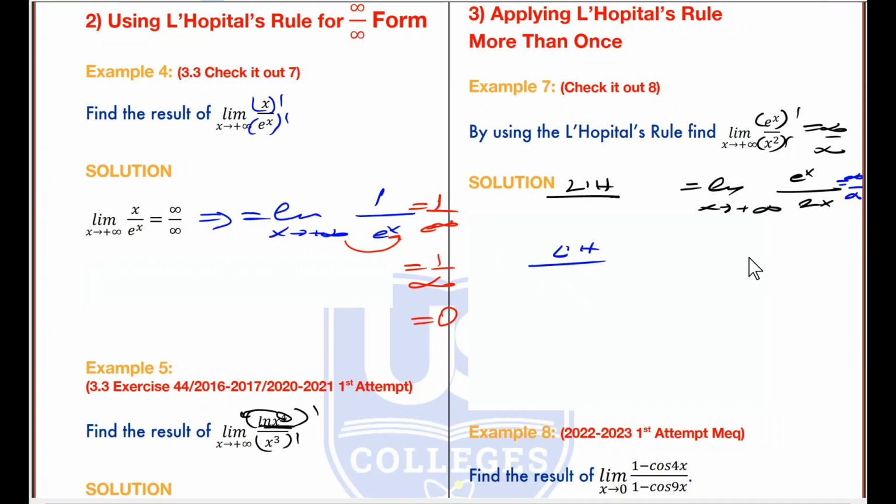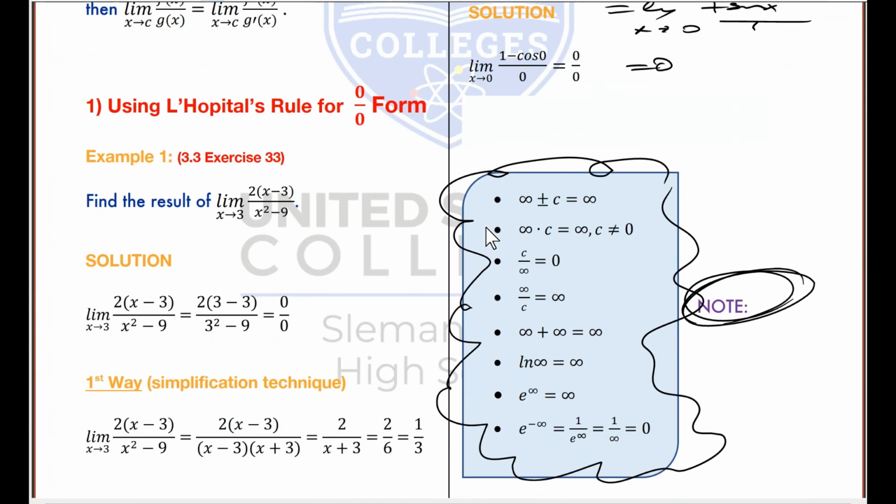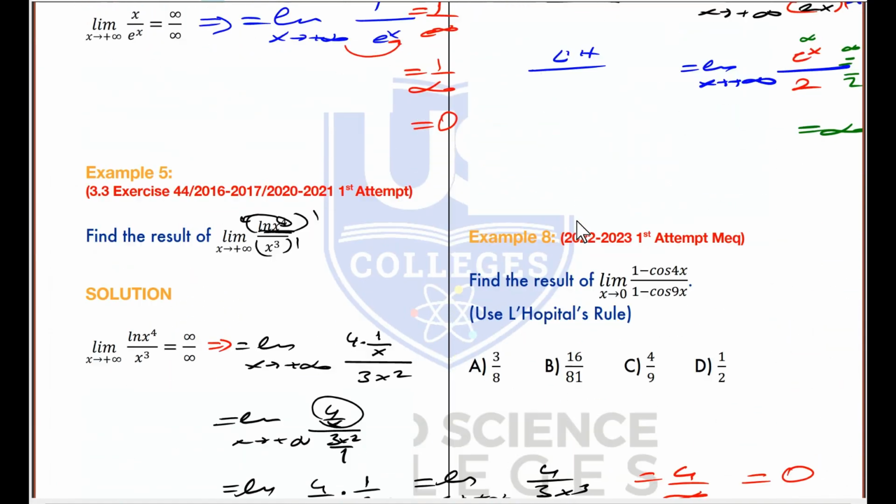So use L'Hopital's again. This time, take the derivative of top, which is e to the x itself, and the derivative of bottom, which is 2. Insert infinity for x: e to the infinity is infinity. Infinity over 2 will be infinity. See, we are just using those rules, those notes, to get a result.